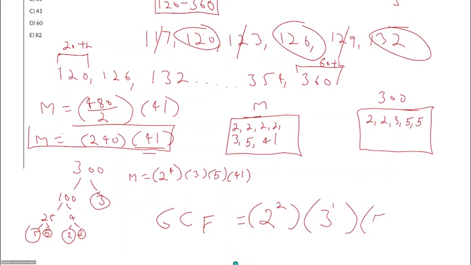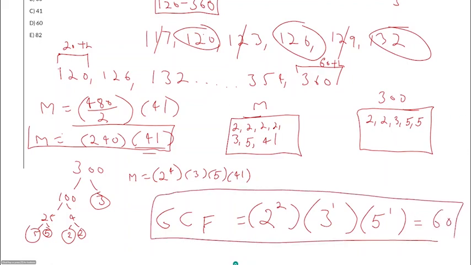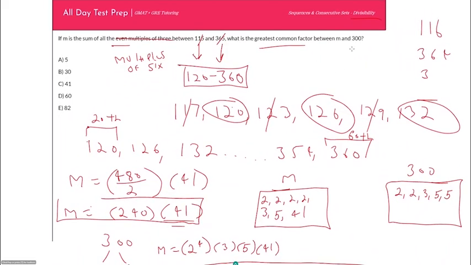So just count it once. 41 appears 1 time here and 0 times here, so we don't count it at all. This here should be our greatest common factor. This is a trick for finding the greatest common factor between any two numbers. So it should just be 4 times 15, which is 60. So we never even fully calculated what m is. We could find the greatest common factor, 60.